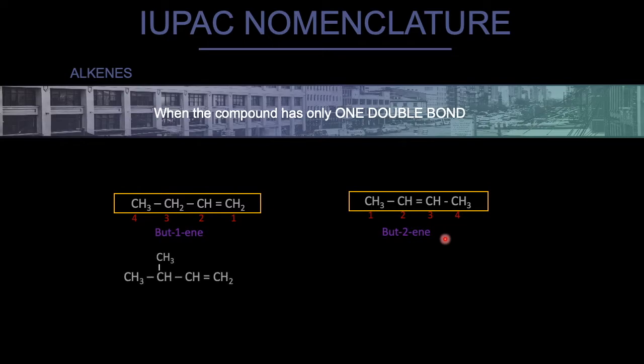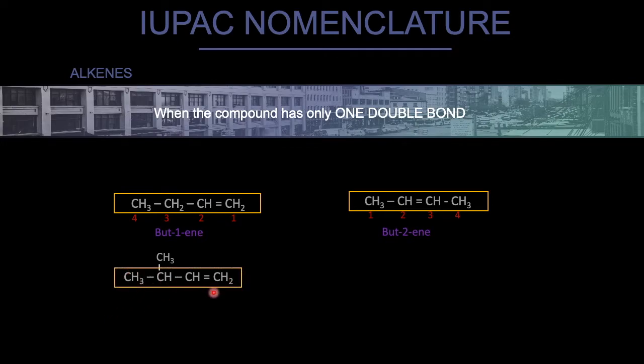Let's take another example. In this case we have a substituent. The first rule remains the same. We have to identify the parent chain, but the parent chain should contain the double bond. So this can be the parent chain or this can be the parent chain. I will take the straight chain for my reference.